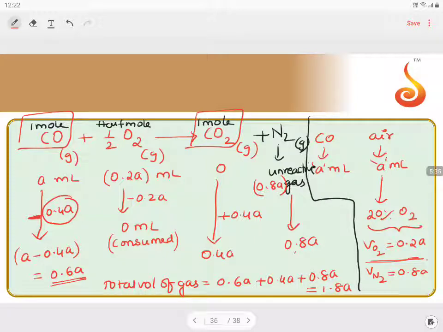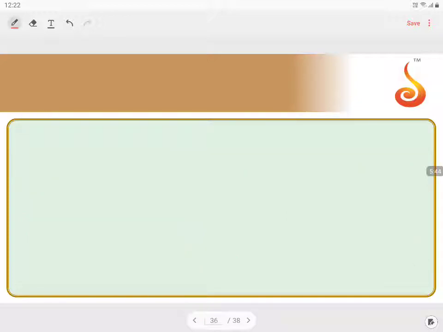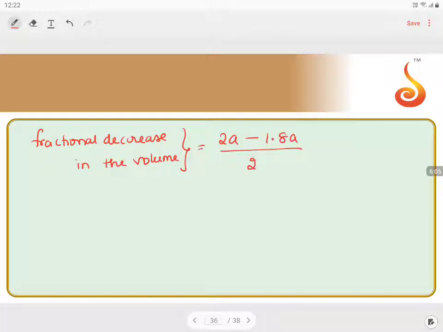So now the total volume is 1.8 A, and we are supposed to find the fractional decrease in the volume. The decrease in the volume is equal to the initial volume minus the volume now left, divided by the initial volume 2A.